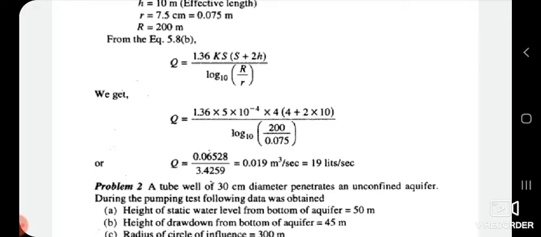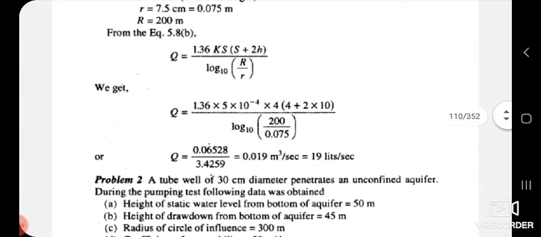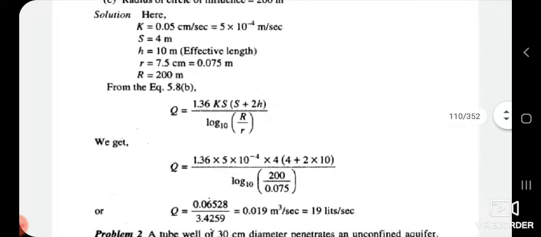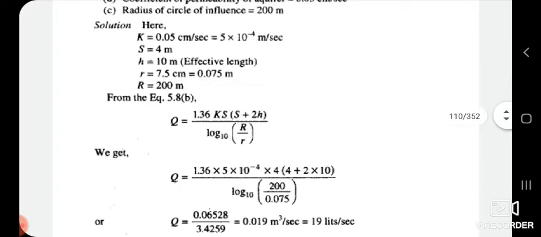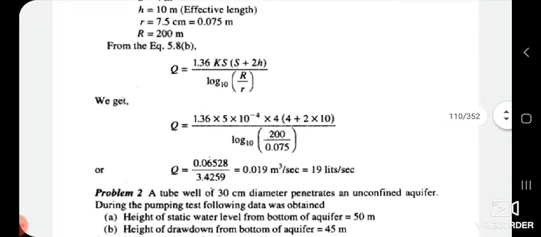This conversion is already given in hydraulics, as I know. If you have any doubt about how that is converted, if you forgot, then let me know. I will tell you again how to convert it, because conversion is important.